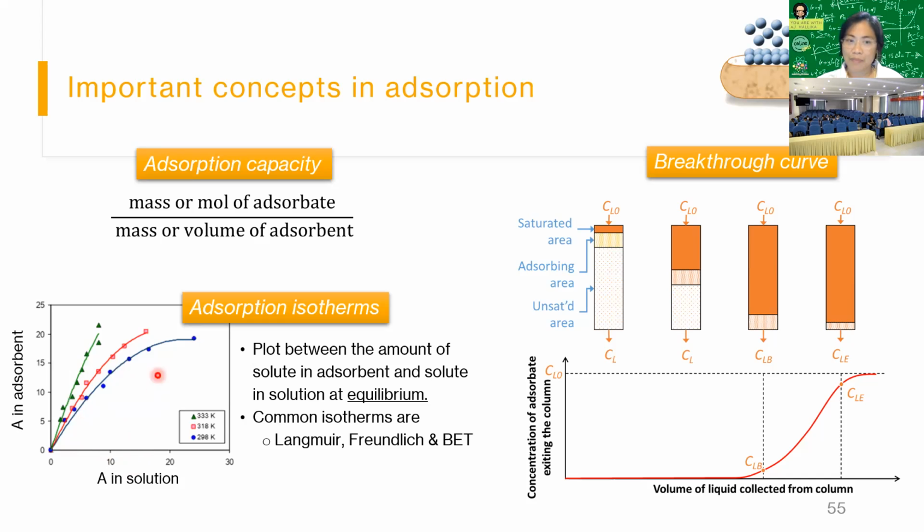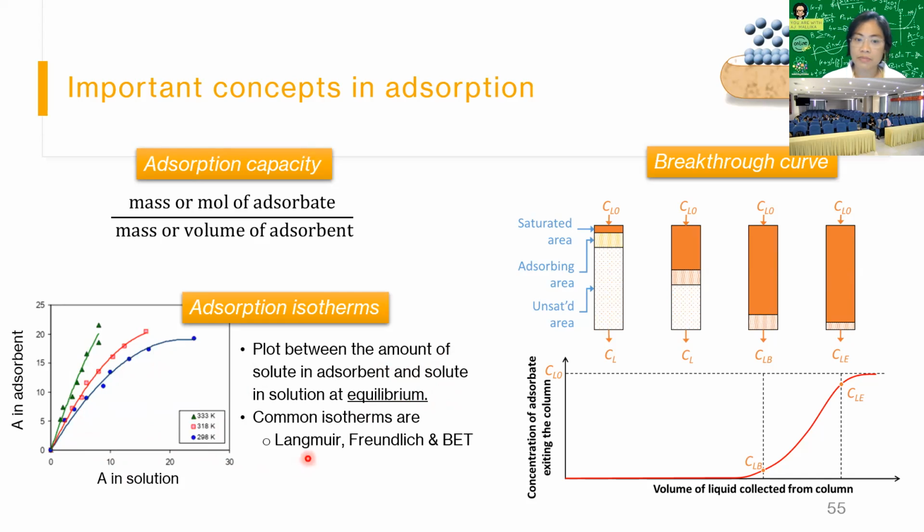This plot comes from many experiments to determine the adsorption isotherm. So the process has to reach equilibrium first before you take samples, analyze, and then plot the isotherm.